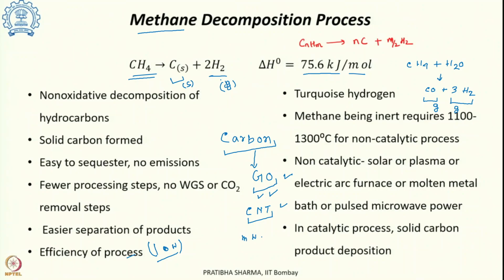By using this process, we can get hydrogen as well as different carbon forms like GO, CNT, MWCNT, multi-wall nanotube.